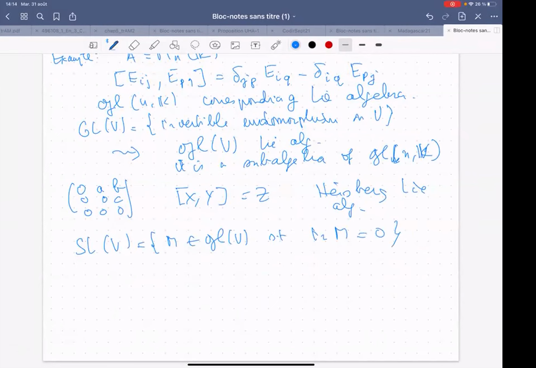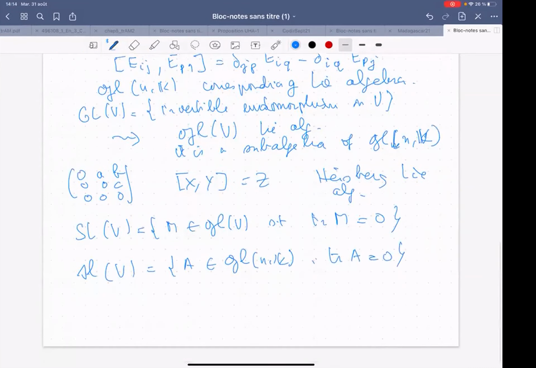And we can also consider sl_n(K) given by matrices in gl_n(K) with trace of A equal to 0.